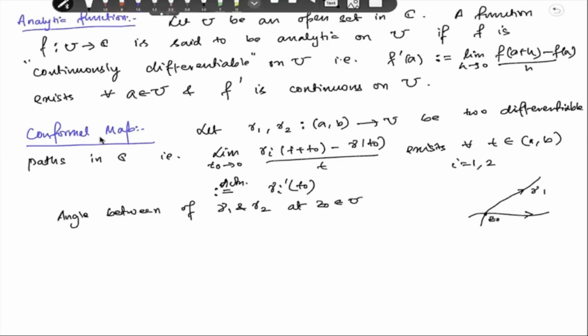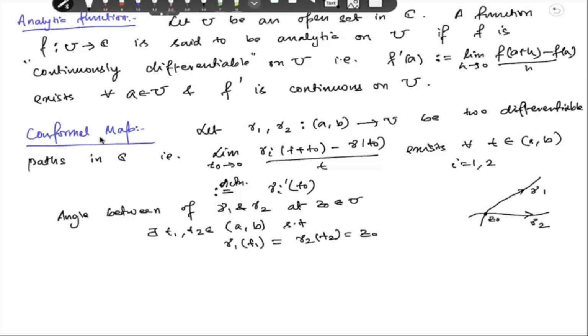These are my two paths, gamma 1 and gamma 2. And also let us assume there exist points t1, t2 in this open interval such that gamma 1 of t1 is equal to gamma 2 of t2, which is equal to z naught.